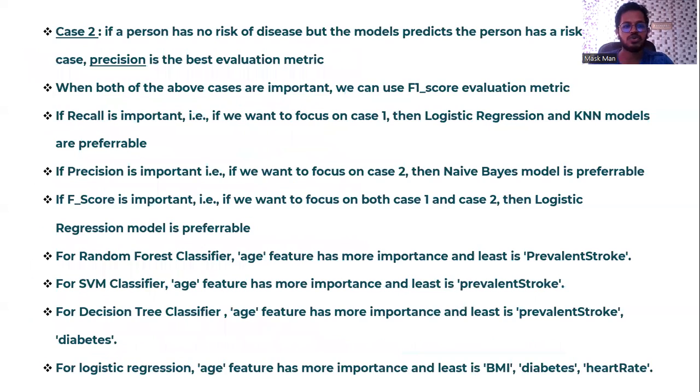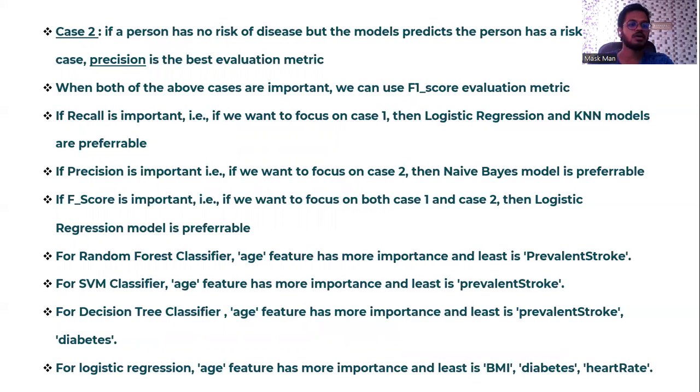And case two is if a person has no risk of a disease, but the model predicts the person has a risk. If you want to focus more on this, then we have to pick the precision evaluation metric. And if both cases are important, then we should consider the F1 score evaluation metric.